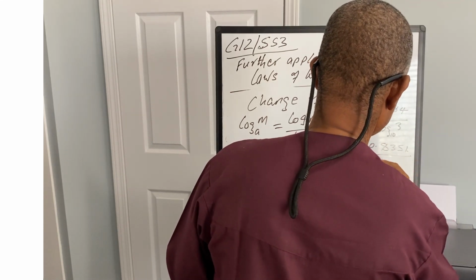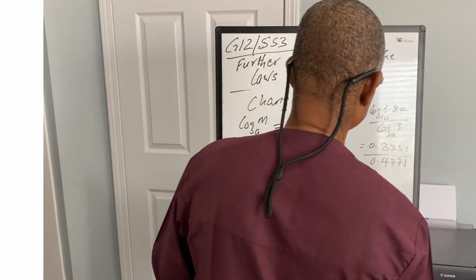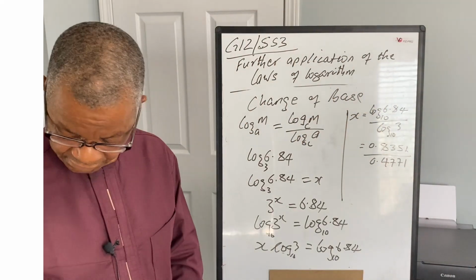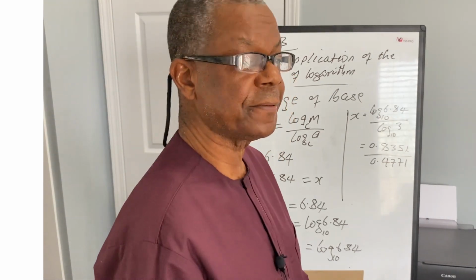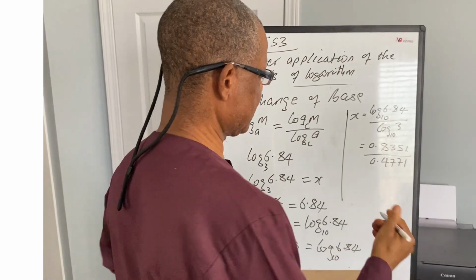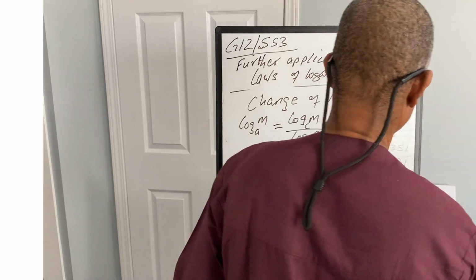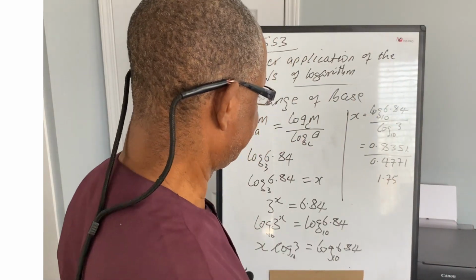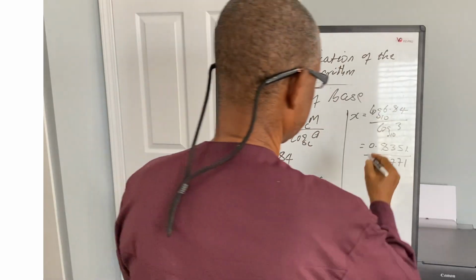And the log 3 will give you 0.4771. You can use my machine to divide it by this. That will give you 1.750.